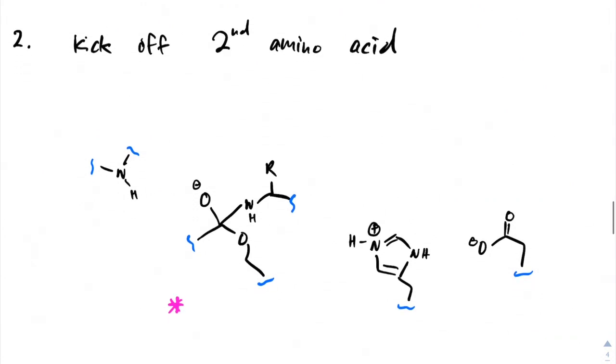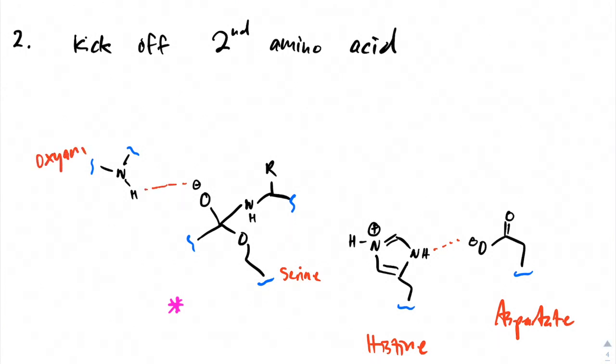So the second step is kicking off the second amino acid. So to draw again our network, this is aspartate, histidine, and now you can see serine here. There's a charge on the oxygen that swung up from the previous attack is stabilized by something called an oxyanion hole.